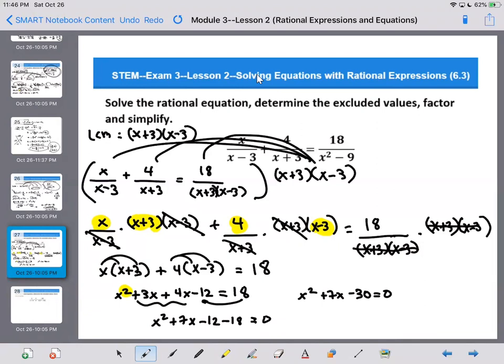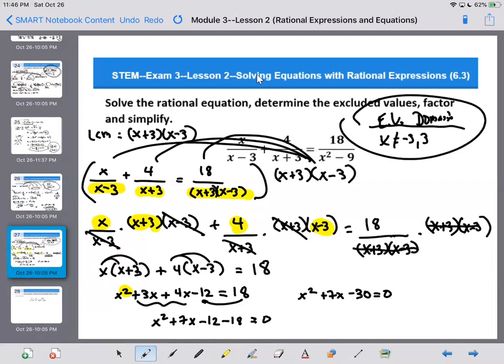Now I need to back up because I didn't complete my excluded values for my domain. And remember where you're looking, in your denominators. X cannot be negative 3 and 3. Now I'm going to erase some of this here so I can show.